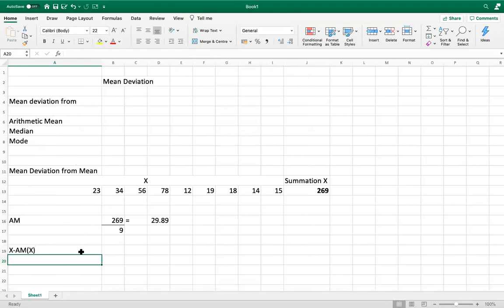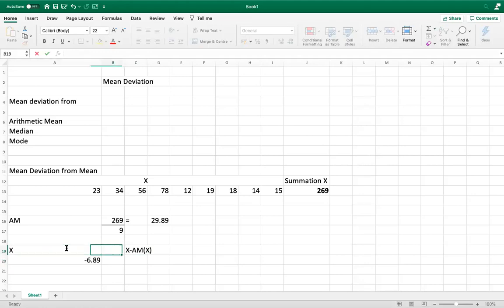Every single value minus arithmetic mean. So I'll say equal to 23 minus 29.89. Now, should I make two columns? I will make two columns, ठीक है? Easy for you to understand. X, arithmetic mean. ठीक है?